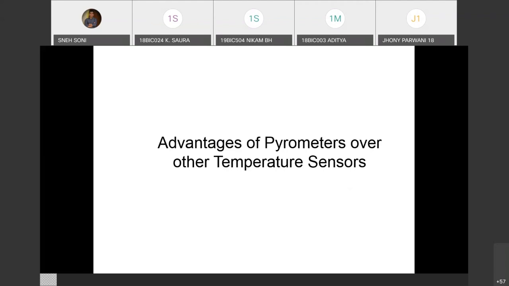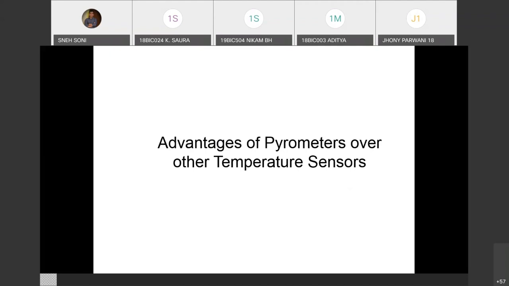Now, if you compare the whole temperature measurement topic, starting from basic devices like thermometers, volumetric expansion strips and bimetallic strips, and then electrical temperature measuring devices.